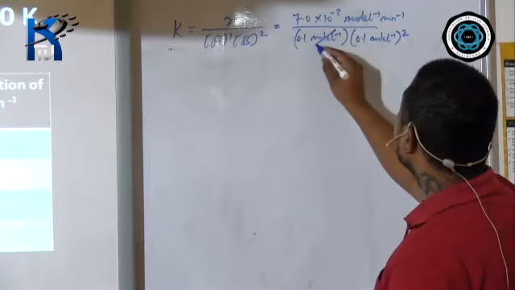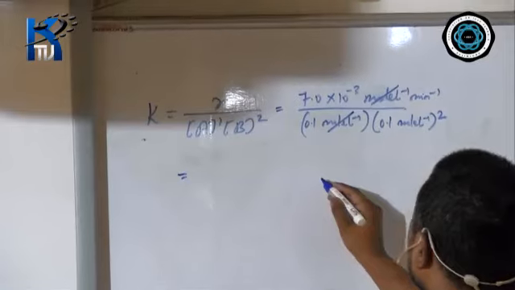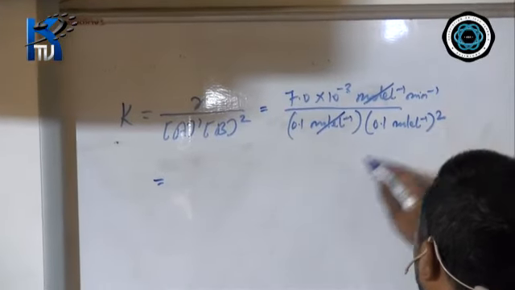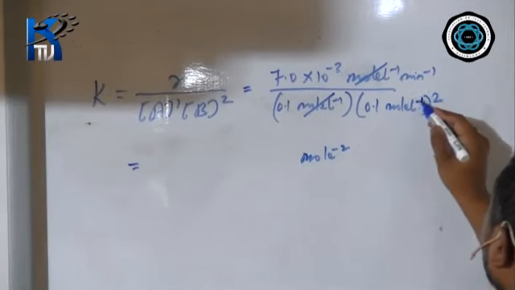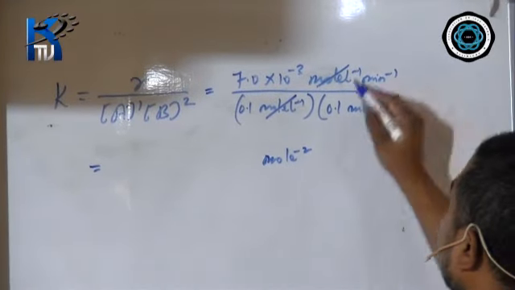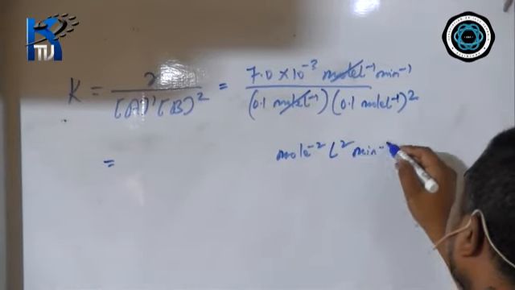Now, this and this will get cancelled. First we find the unit, then we'll solve the numbers. Now mole square goes up, becomes mole inverse square. Liter to the power minus 2 goes up, becomes liter to the power 2, because negative becomes positive, and what is left is minute inverse.